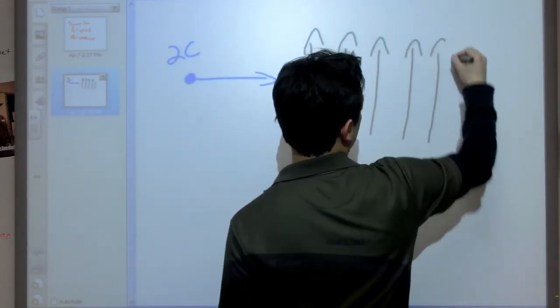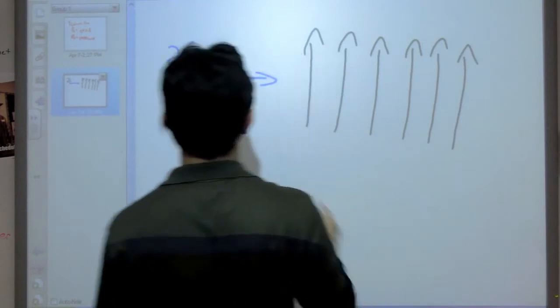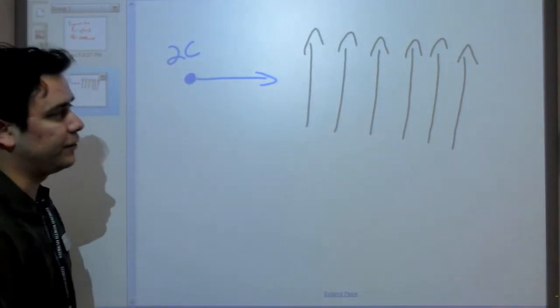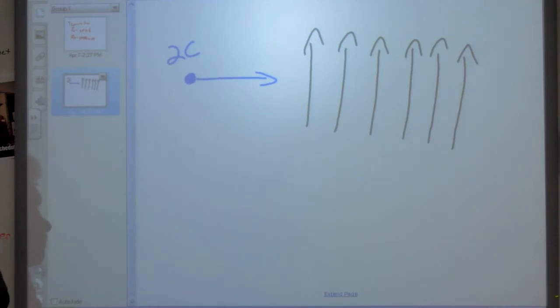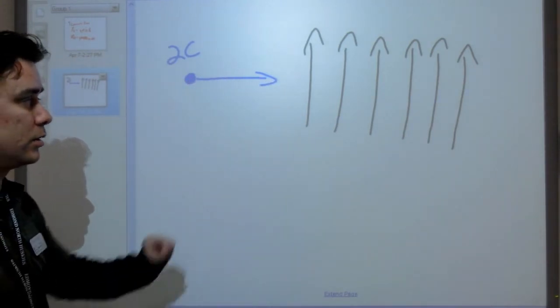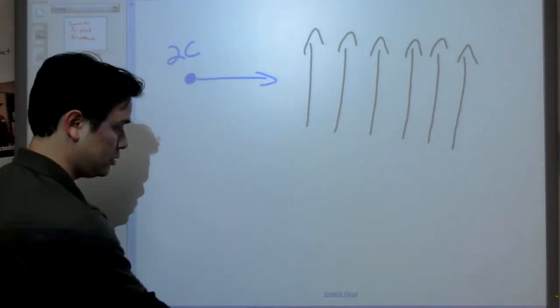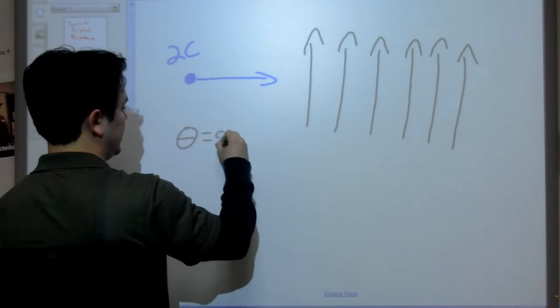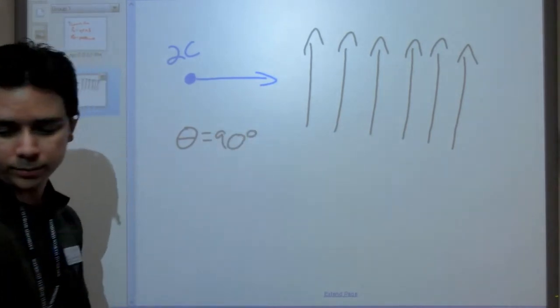I'm just going to draw it at a nice right angle. This guy's going to be moving to the right, and the magnetic field is going to be pointing up. The velocity is perpendicular to our magnetic field, which means theta is going to be 90 degrees. Makes it a bit simpler on us.